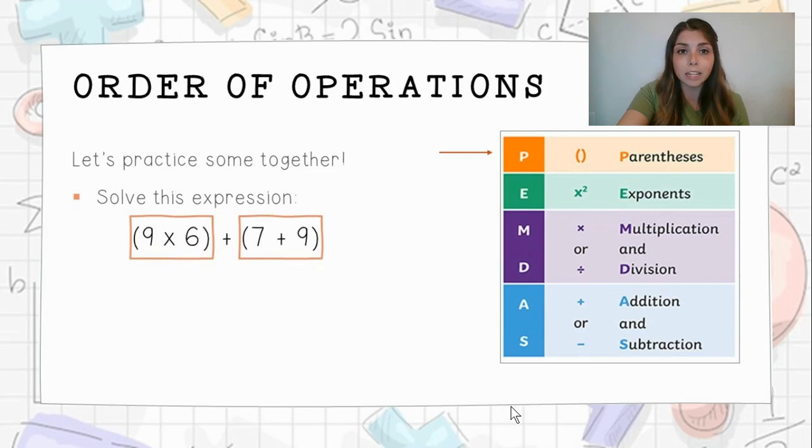So my next line is going to look like 54 plus 16, because 9 times 6 is 54. 7 plus 9 is 16. And now I need to add those two numbers together because I don't see any multiplication and division left to solve. So I'm going to address my addition, and I'm going to solve it with the answer of 70.